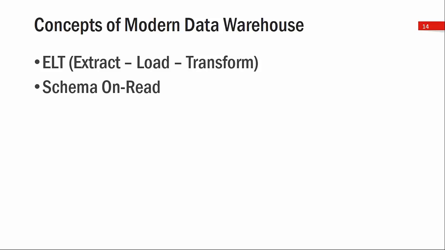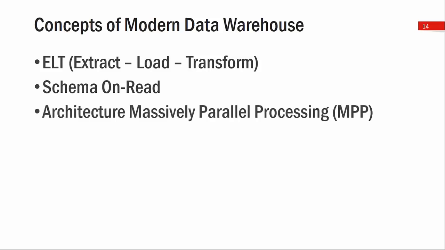Not when you write the information into the data warehouse data repository. And now the architecture is going to change. We're going to be talking about the massively parallel processing system, which I'm going to explain in the next slide, I believe.